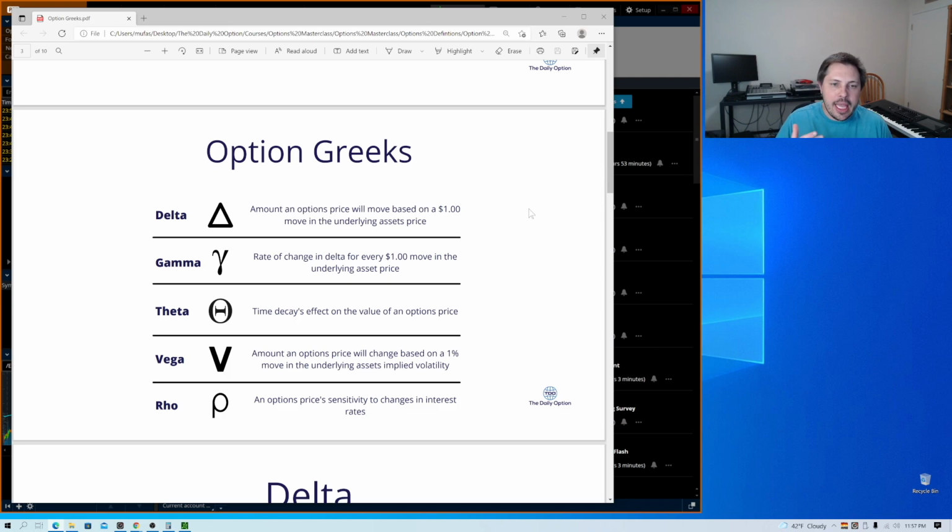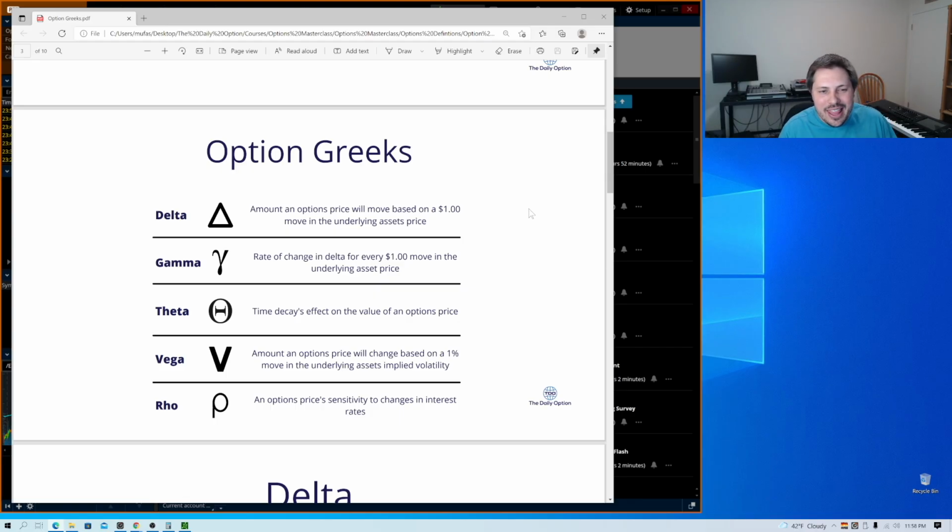Gamma is the rate of change in delta for every $1 move in the underlying asset price. So gamma is like the delta of delta. When the option price changes, delta is going to show us how that's going to happen, and gamma is going to show us how that delta is going to change, okay?